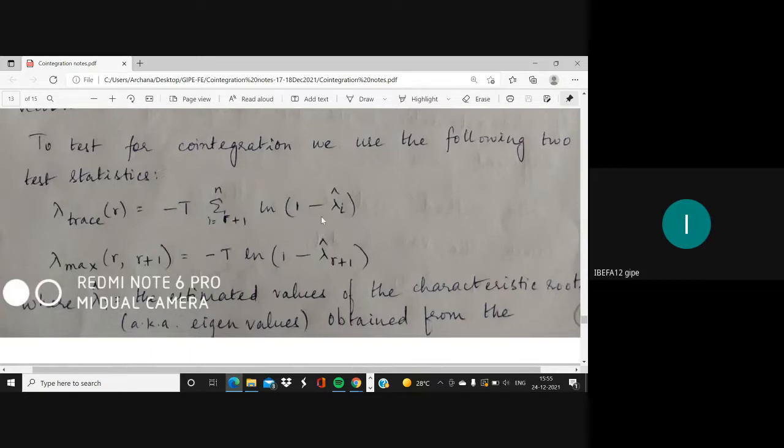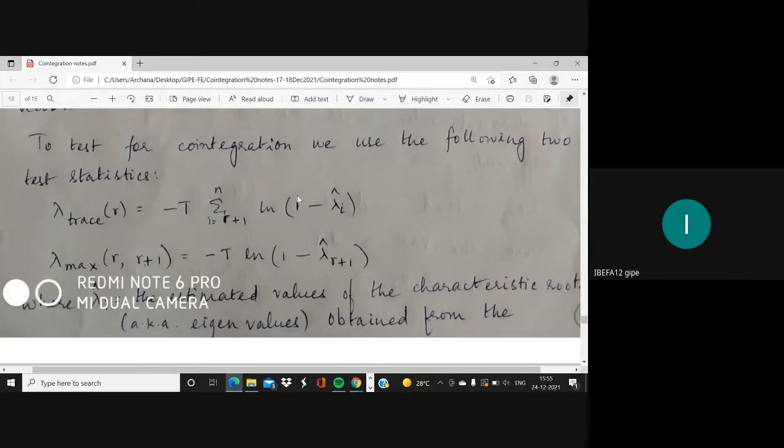Now, since we are calculating this statistic and it has this form ln(1 minus lambda i hat), remember that if all the lambda values are equal to 0, that means there are absolutely no non-zero characteristic roots and the rank of your pi matrix will be equal to 0 in that case.